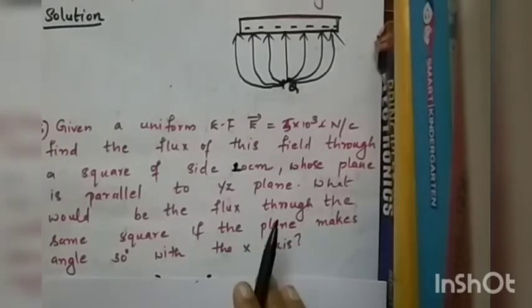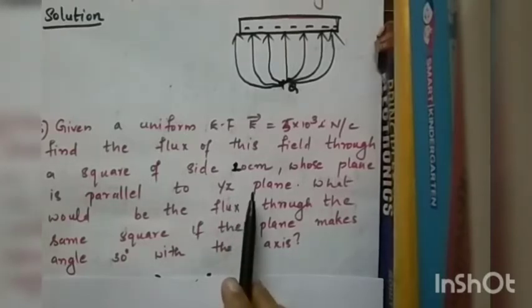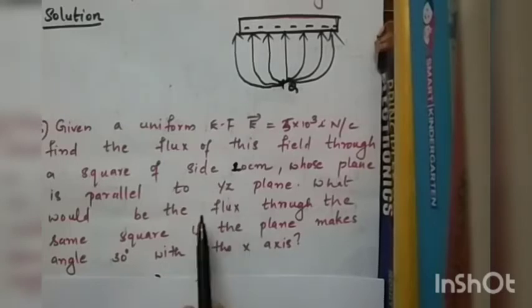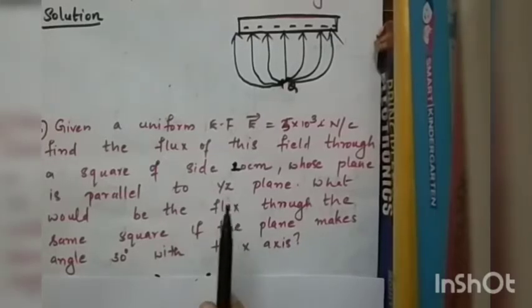I hope you understood this concept. See, the plane of the square is parallel to the YZ plane. If the side of the square is along the YZ plane, the area vector will be perpendicular to the YZ plane.